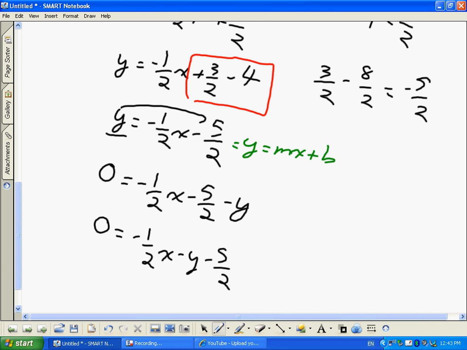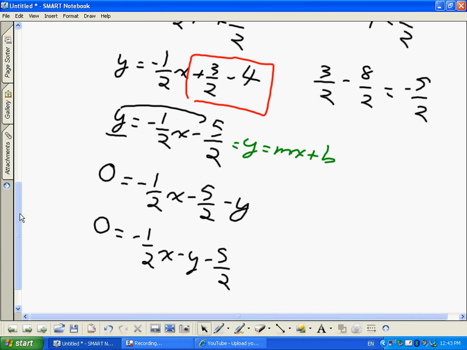Now technically we're in standard form, but I have some fractions right now, okay? It's not the nicest to look at. It helps if we put it into whole numbers, it looks a little nicer. So what I can do to turn these into whole numbers is multiply this entire equation by a term. Does anyone know what it will be? 2.